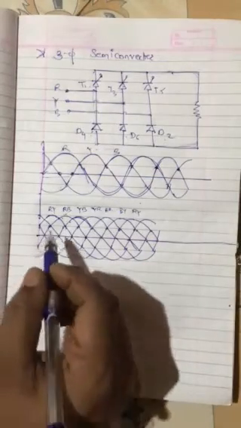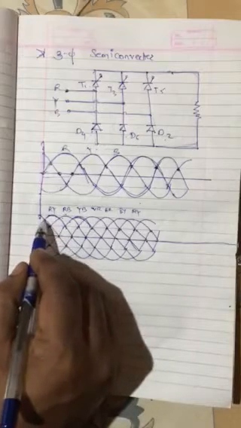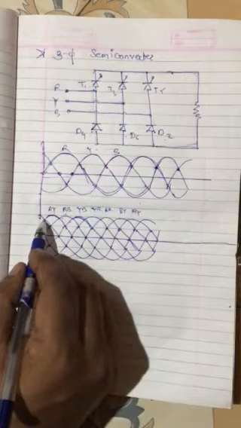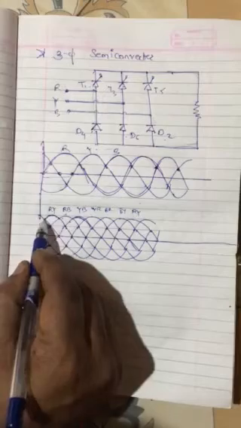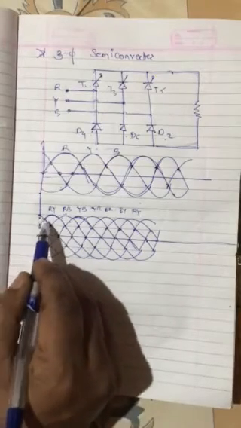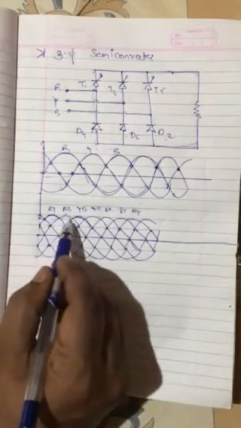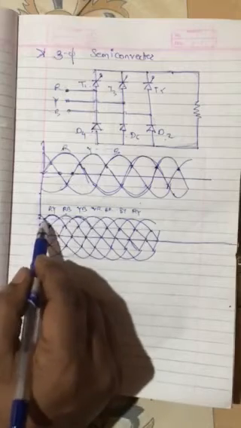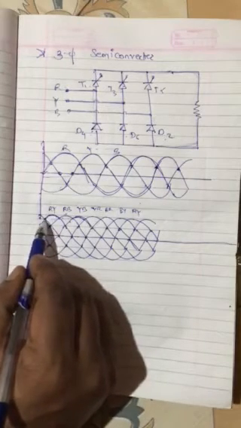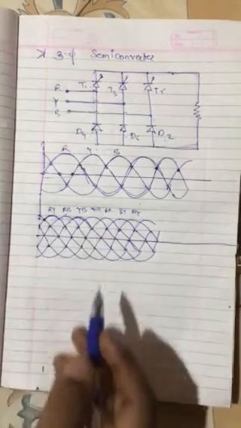Now listen carefully. This particular point is alpha 0. You can draw a line here like this, so this is alpha 0. From here onward we will measure the angle.